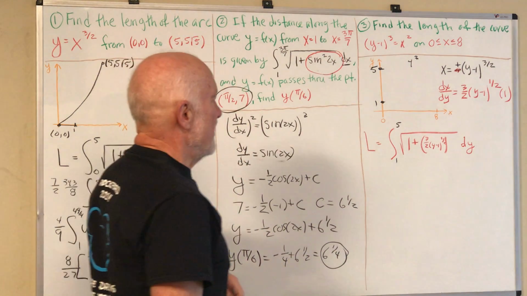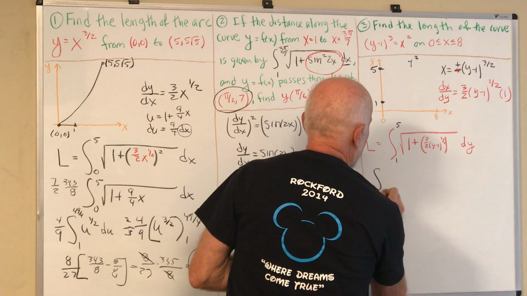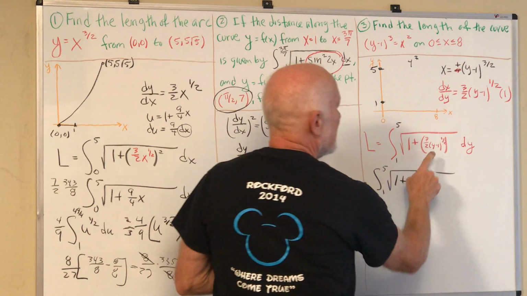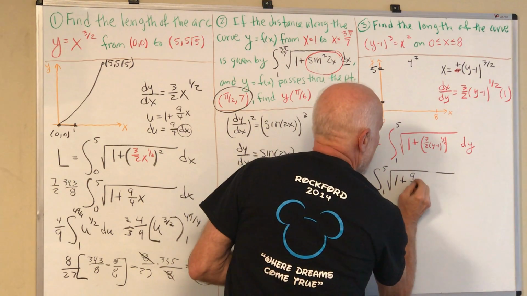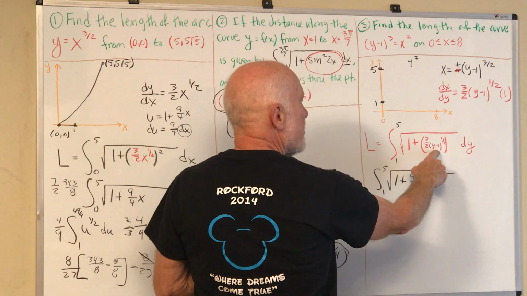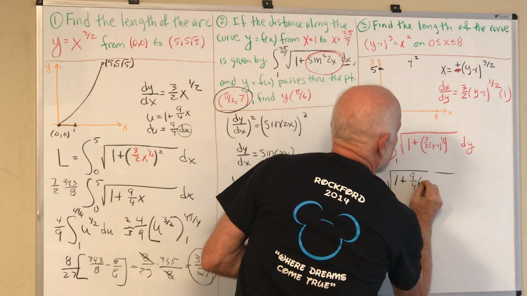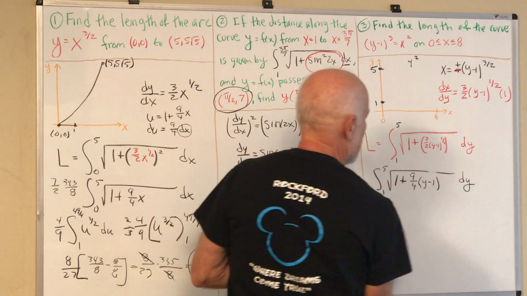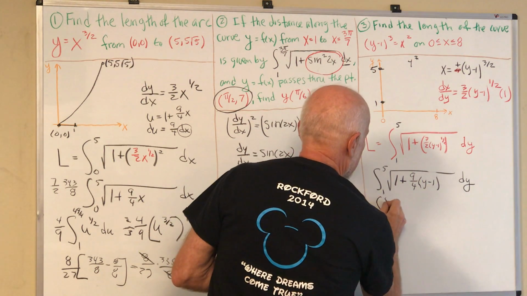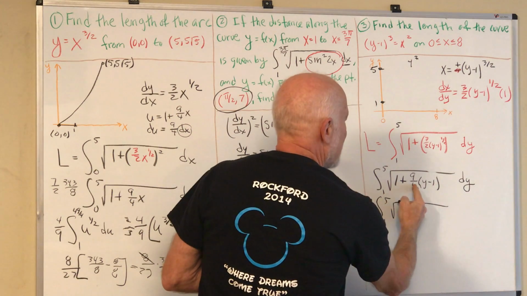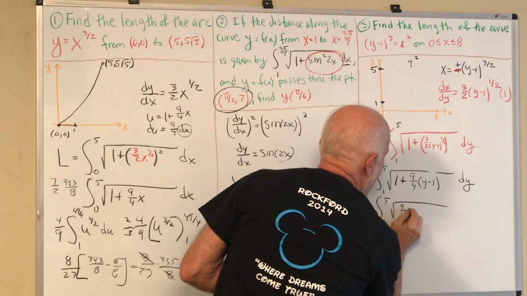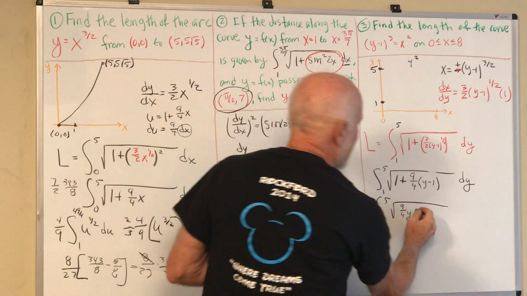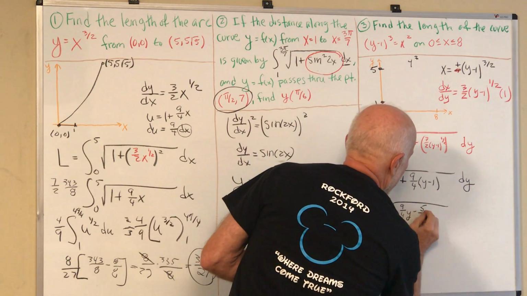So let's see if we can solve this. The integral from 1 to 5 of the square root of 1 plus 3/2 squared, and this squared is just going to be y minus 1. And altogether I get 9/4 y minus 9/4 plus 1 is minus 5/4.